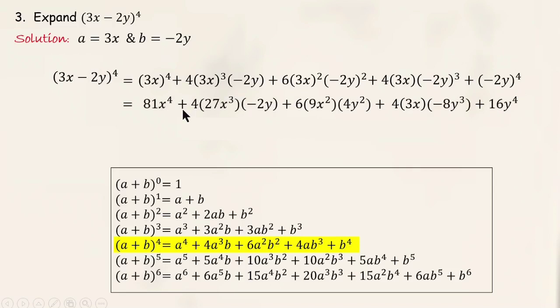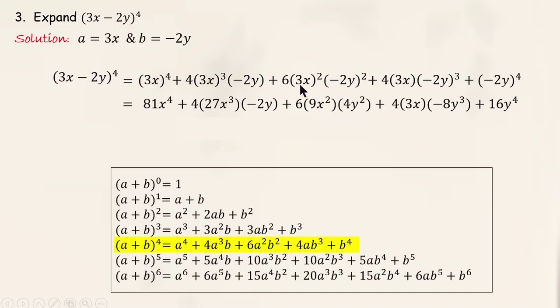Evaluate. The quantity 3x raised to 4 is equal to 81x raised to 4. 3 raised to 4 is 81 times x raised to 4, plus 4 times 27x raised to 3 times negative 2y. The quantity 3x raised to 3 is equal to 27x raised to 3. 3 raised to 3 is 27, plus 6 times 9x squared times 4y squared.